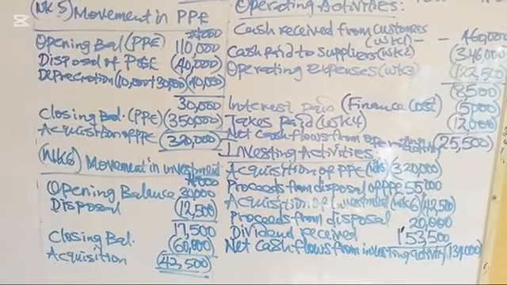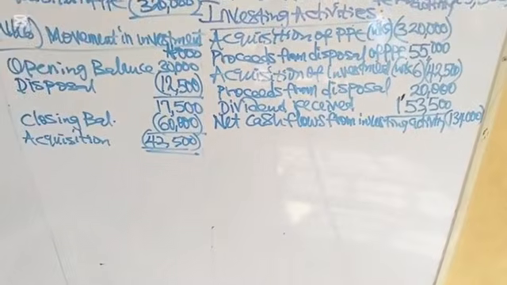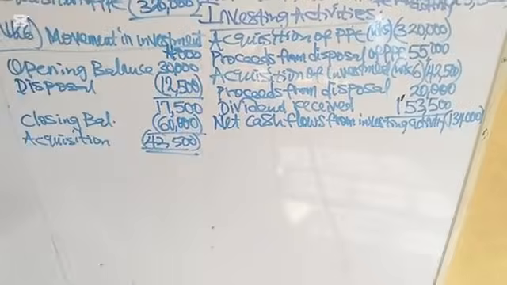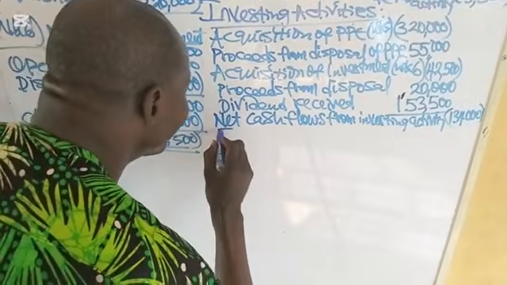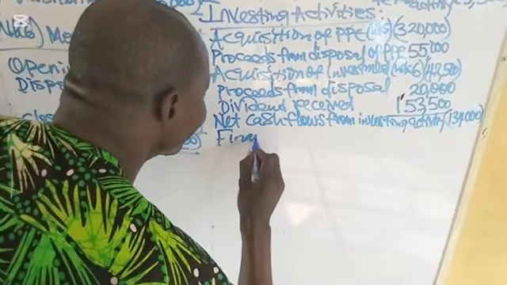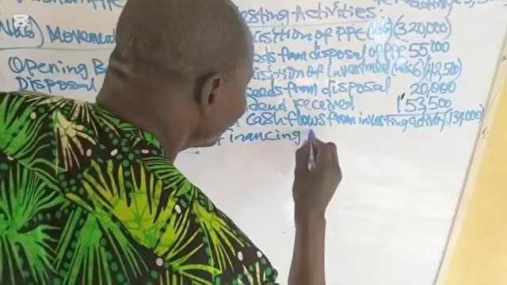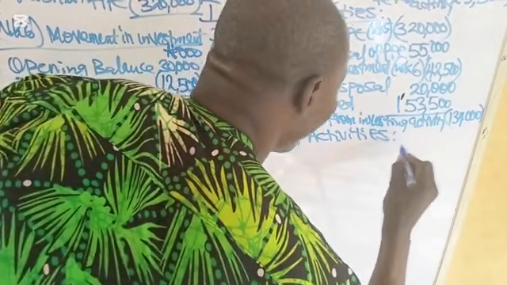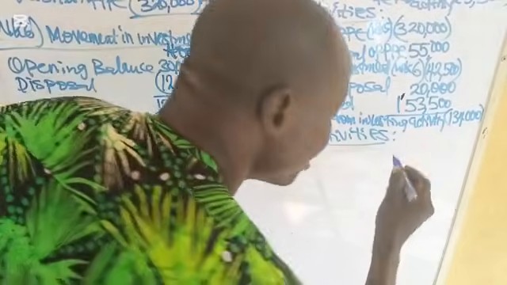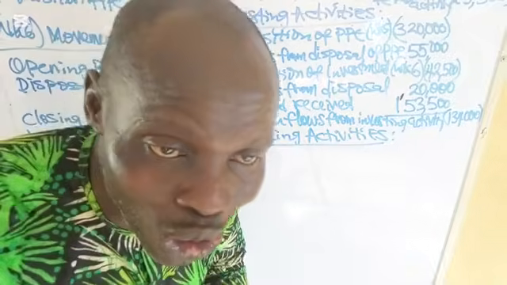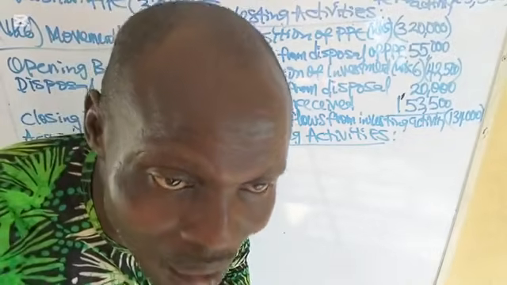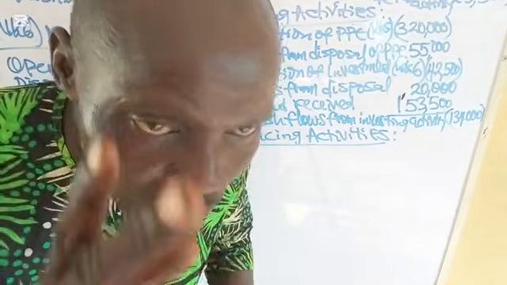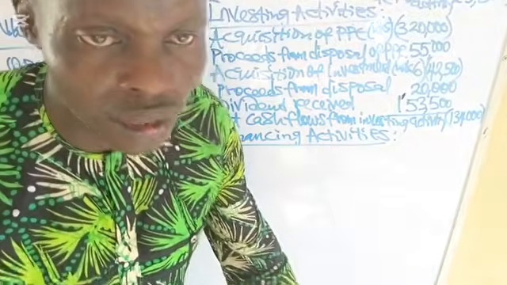Financing activities. Okay. The next heading is financing activity. Remember what I told you earlier? That we have two major sources of finance.